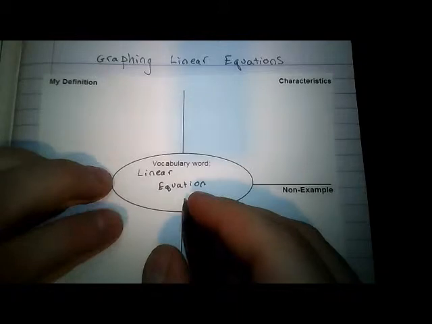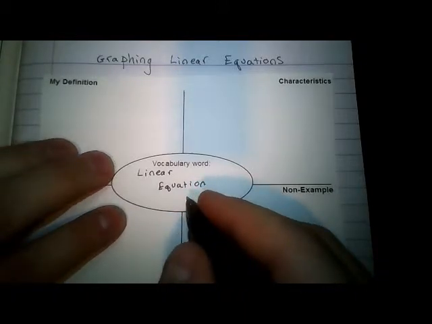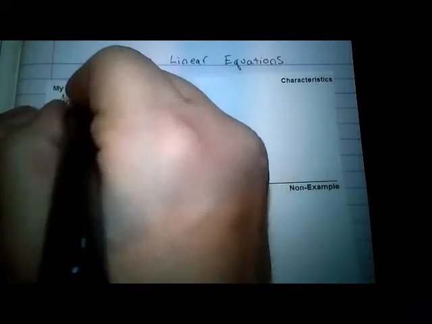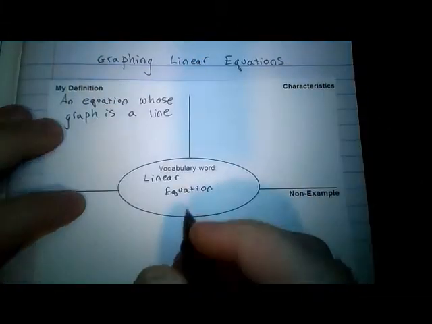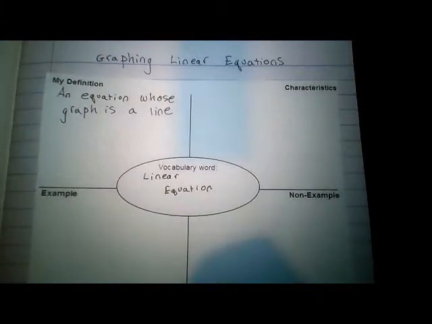So a linear equation is an equation whose graph is a line. It's a pretty straightforward definition. And this whole unit is on graphing linear equations.